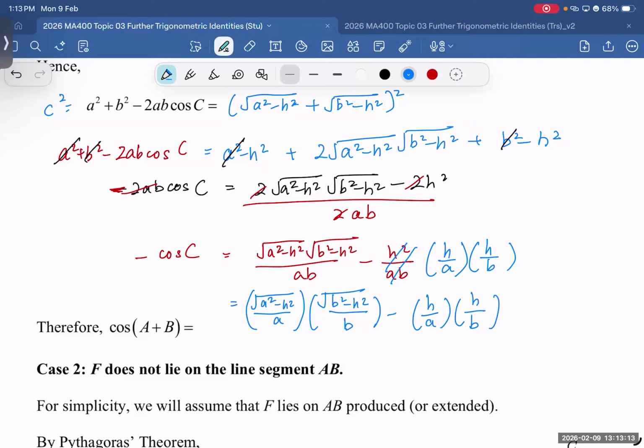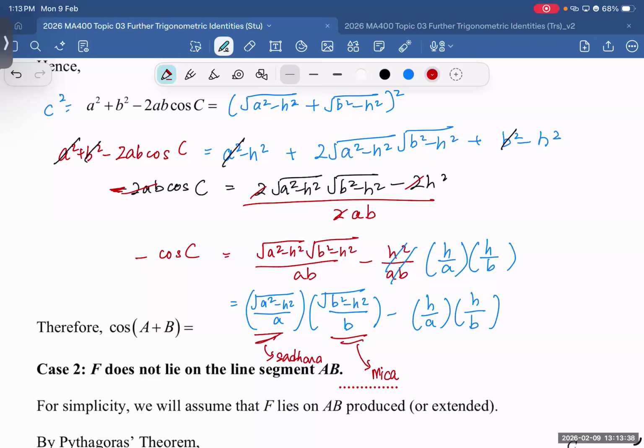So if you are following me at this point in time, I want to ask for 4 volunteers. Number 1, Sadhana, tell me, express this as a single trigo ratio. Second, Micah, express this as a single trigo ratio.